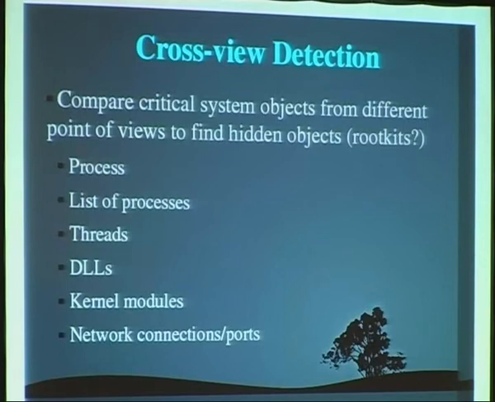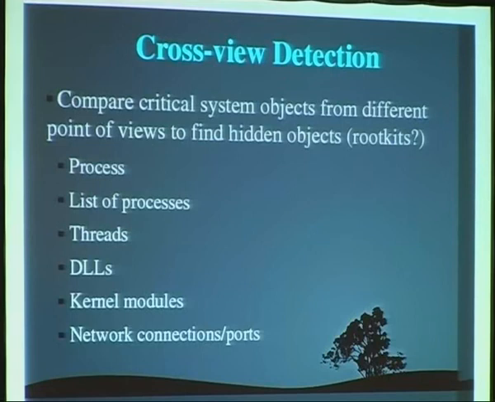For example, there are some rootkits that try to remove one process from the list of all the processes in memory. But if you look at the list of all the processes in memory from a different view, you can sometimes still see a different result.